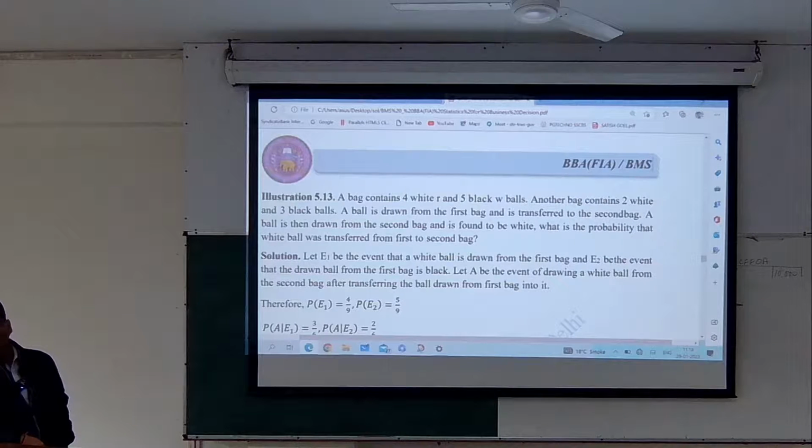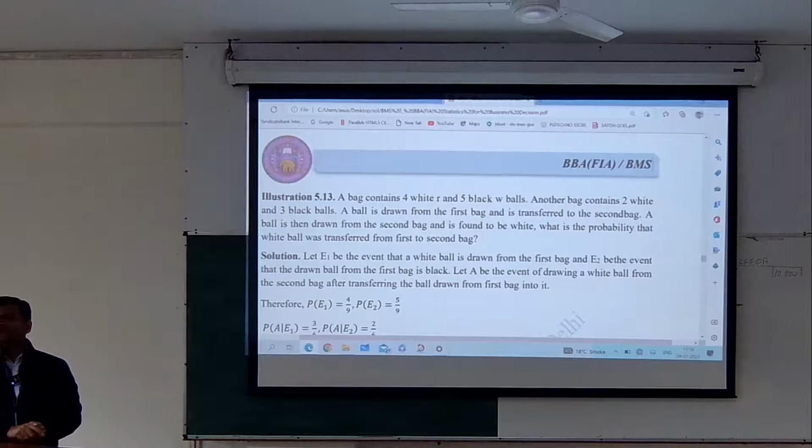A bag contains 4 white and 5 black balls. Total we have 9 balls in the bag, and in the second bag we have 2 white and 3 black.